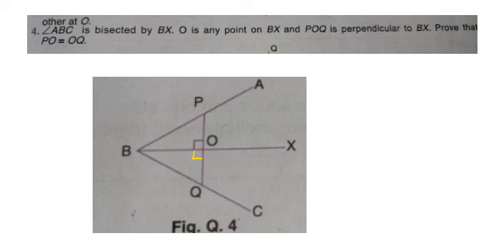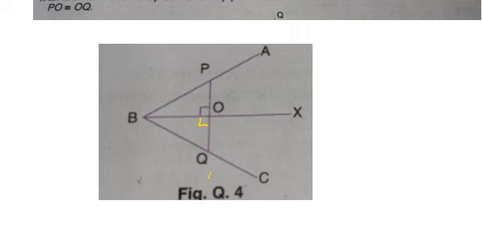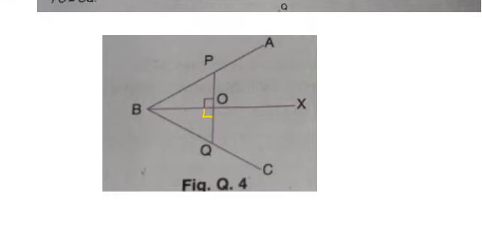Now you see POQ. Again, what we'll do is write this down here. First of all we'll prove the congruency of the triangles BOQ and BOP, because only then can we tell whether these two are congruent or not.